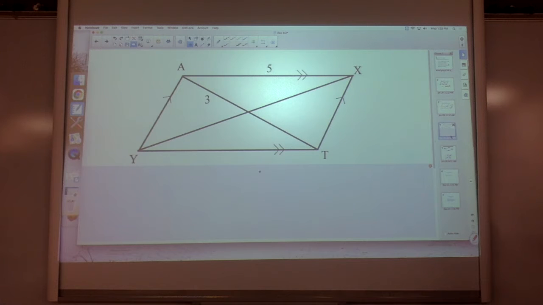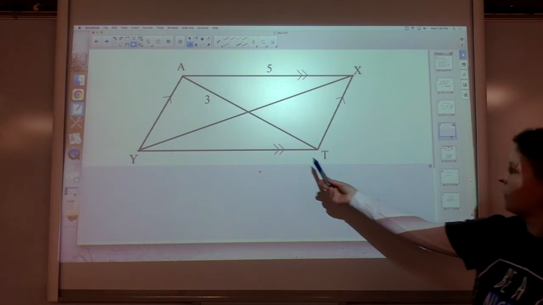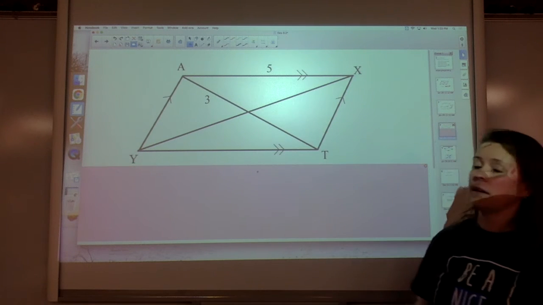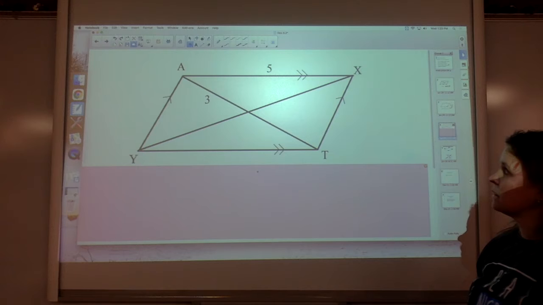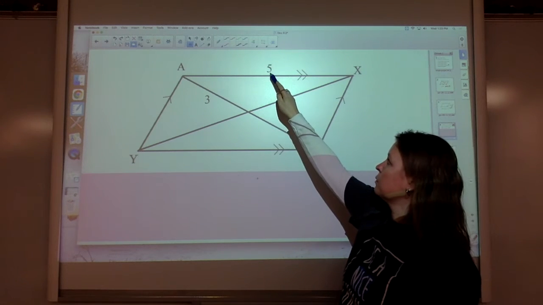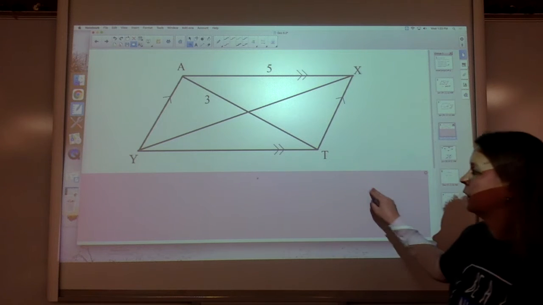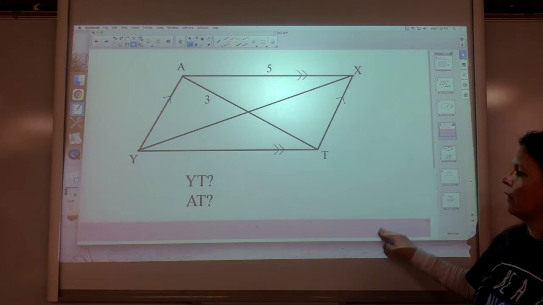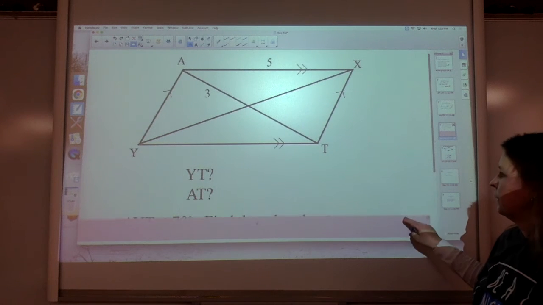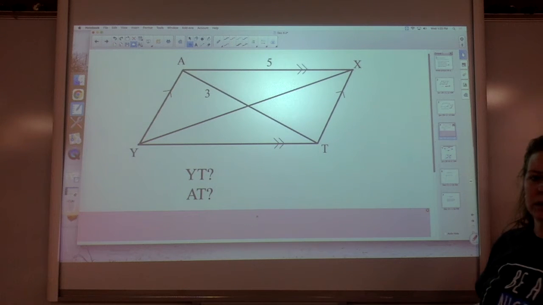Here's another way of drawing a parallelogram. Instead of the big filled-in triangles, you could just use little arrows, but it still means parallel. The only thing they told you was that this little piece was 5 and that little piece was 3. All right, how long is YT? How long is AT? Go ahead, you write those down yourself first.